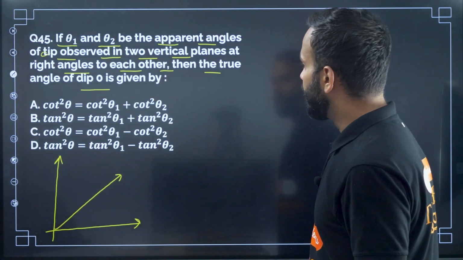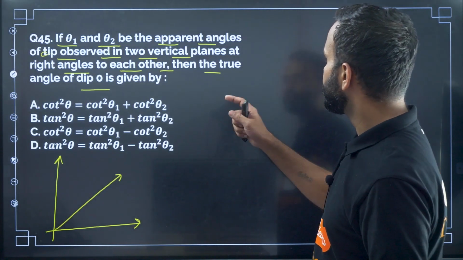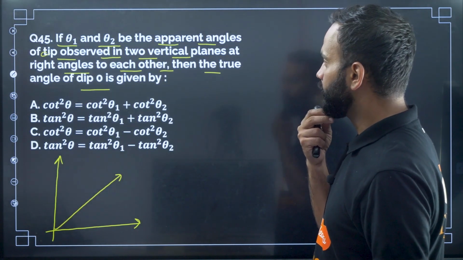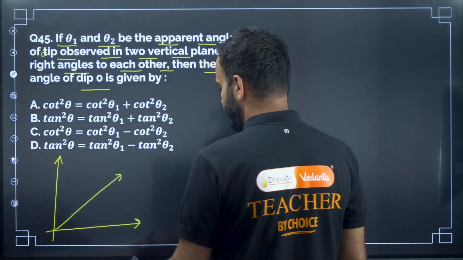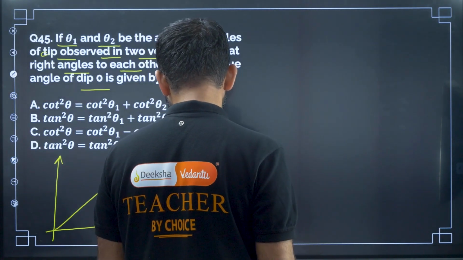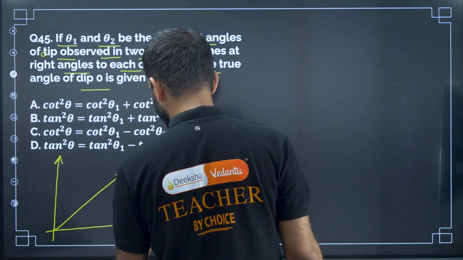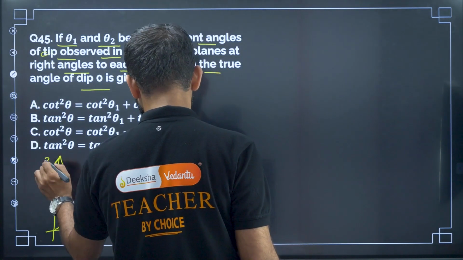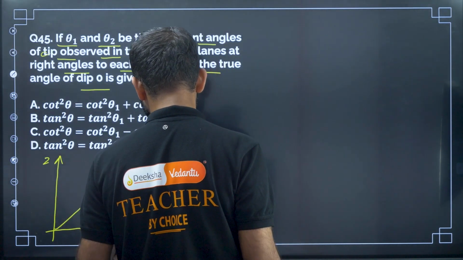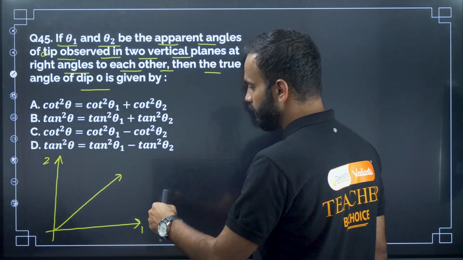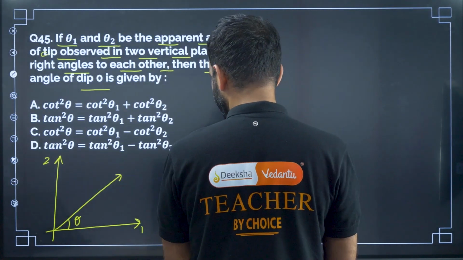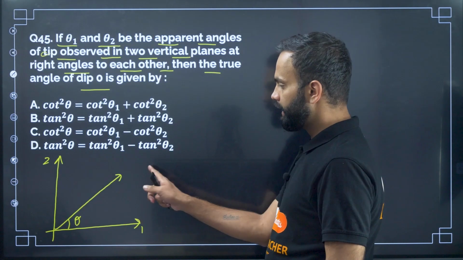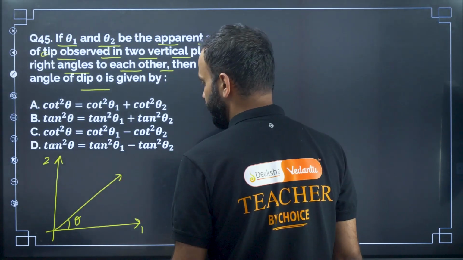They are asking the true angle of dip, and theta 1 and theta 2 are the apparent angles of dip observed in the two vertical planes. Okay, so here this is plane 1 and plane 2. These two are mutually perpendicular planes, making an angle theta and 90 minus theta with the magnetic meridian.